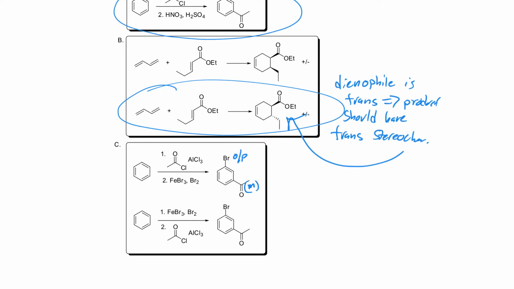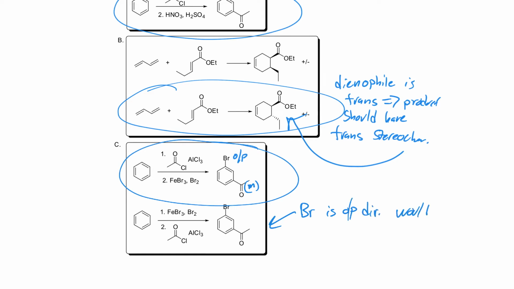The acyl group is meta, and so in order to get the meta relationship, we better put the acyl group on first, otherwise the bromine will direct to the para position. So basically the top one is correct, and we can say here Br is an OP director, would not produce this isomer.